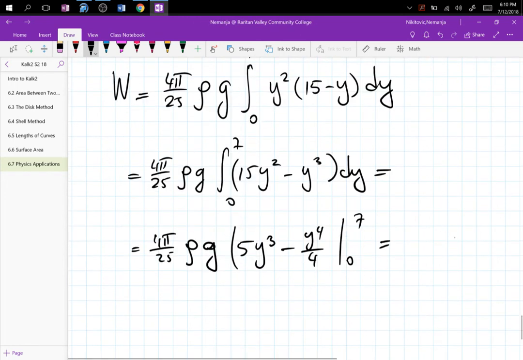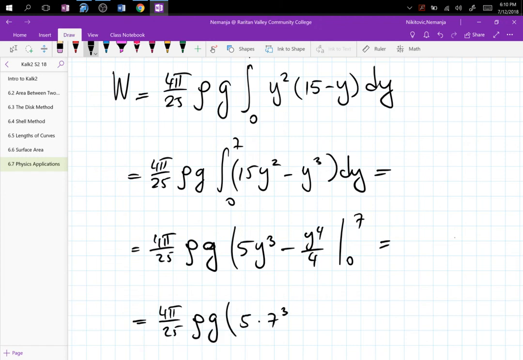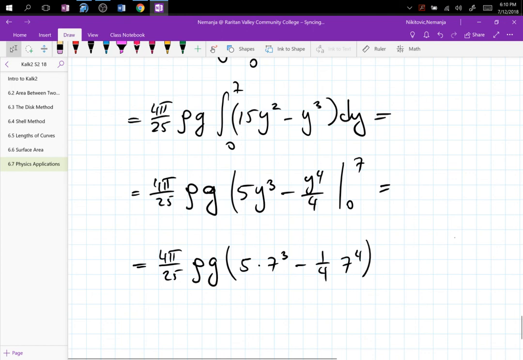We don't have to worry about 0, right? So I have 4 pi over 25 rho g, and then I just have 5 times 7 cubed minus 1/4 times 7 to the 4th, and that's equal to some number.